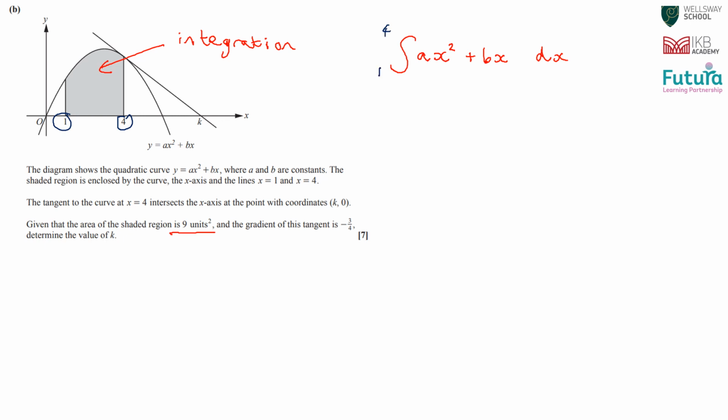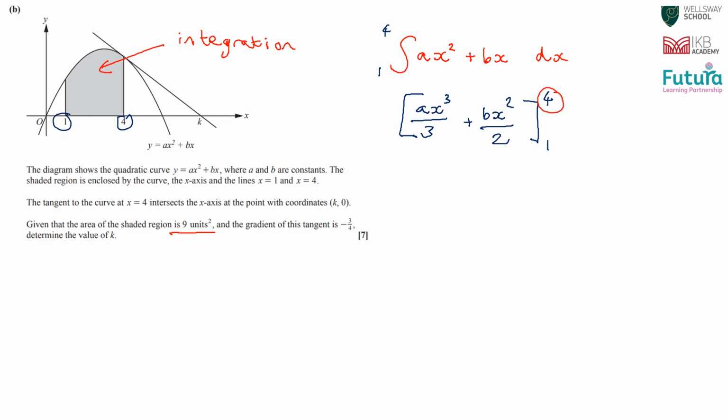So when I integrate that, what am I going to get? I'm going to get ax cubed over 3, because you add 1 to the power, plus bx squared over 2. There's no plus c because we're integrating between limits, and then we substitute in 1 and 4.